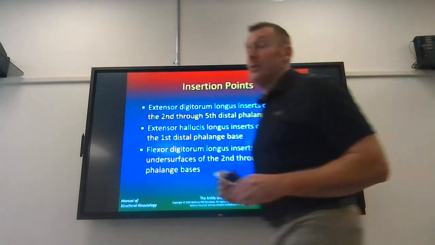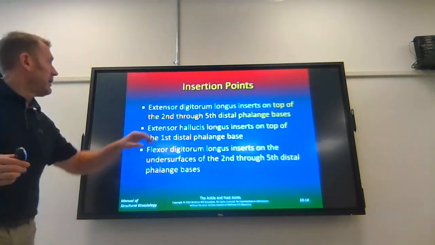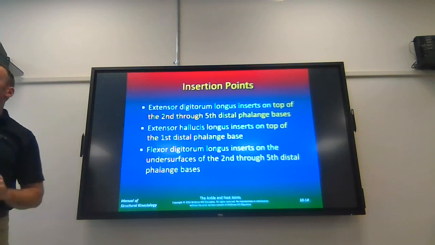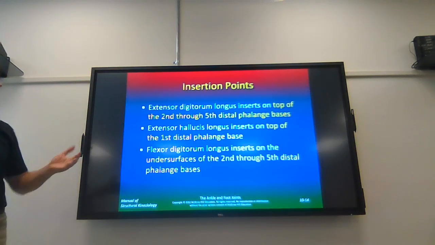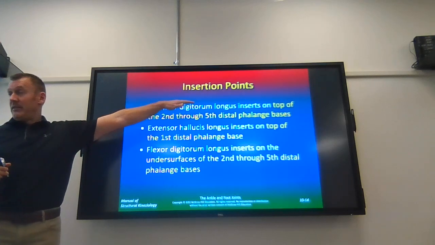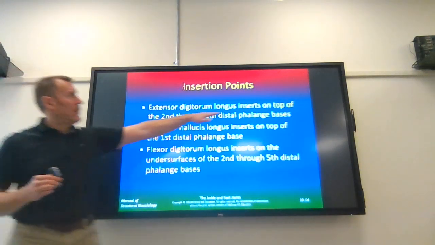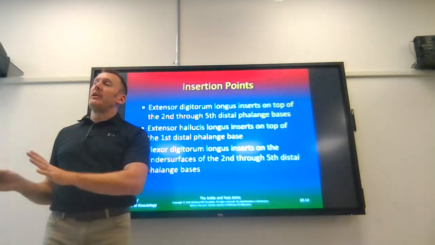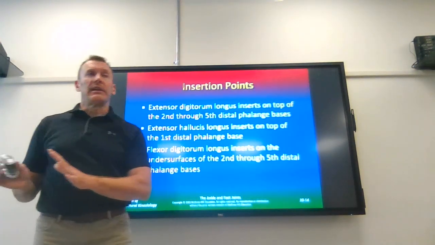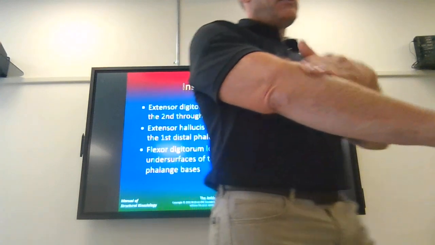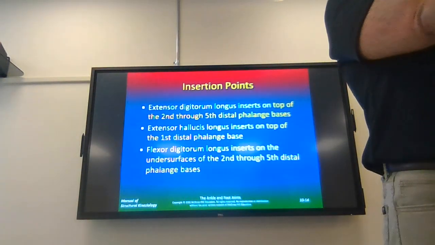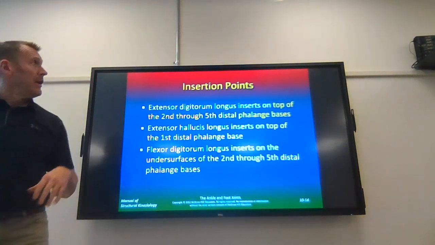Okay, so number 5, right here. Extensor digitorum longus. So by the name, you know it's going to be an extensor of the 4 lesser toes. Okay, so the extensors are going to be on top, kind of like how all of your finger extensors are on this side of your forearm. All the toe extensors are going to be right on top.